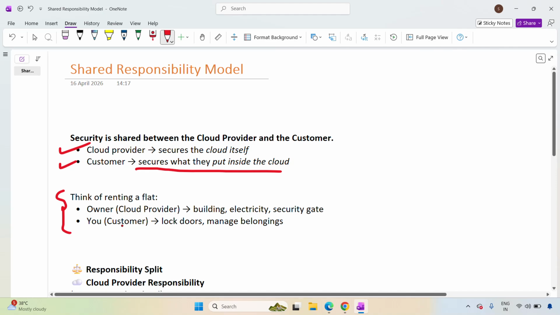Is the owner of the house responsible, or are you? Definitely, it is you, because you did not lock the door, isn't it? In the same way, if you are putting something into the cloud and you're not securing it in your power, then it is you as a customer who will be responsible for the data loss or any technical issue which arises, right? This is a general example I could give you for the shared responsibility model.